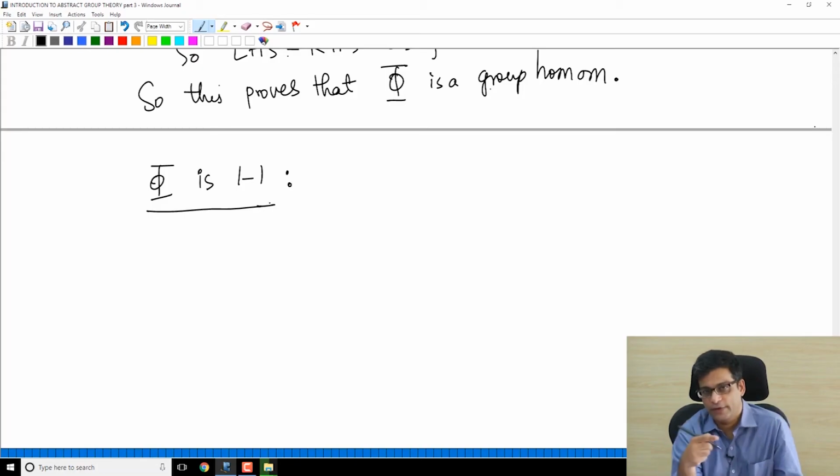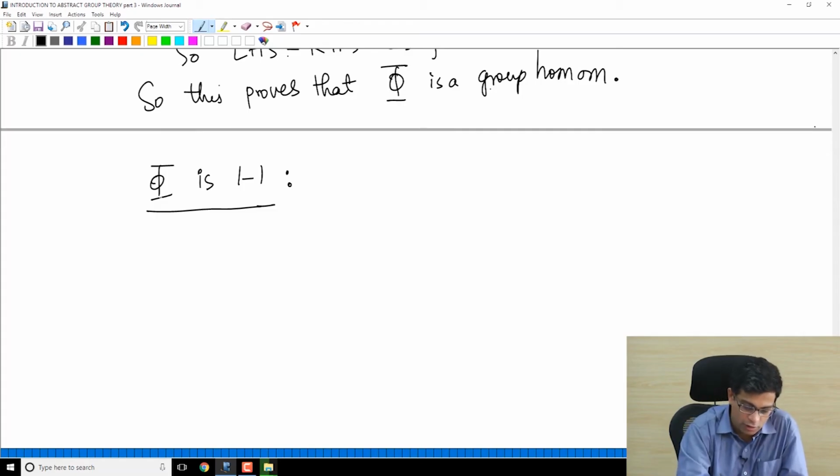Earlier we showed small phi is 1-1, but remember now we are saying capital Phi is 1-1. Small phi was in fact 1-1 and onto, and hence became an element of the symmetric group. Now I am saying capital Phi is 1-1, it is generally not onto, it's only 1-1. Why is it 1-1? Because it's a group homomorphism.